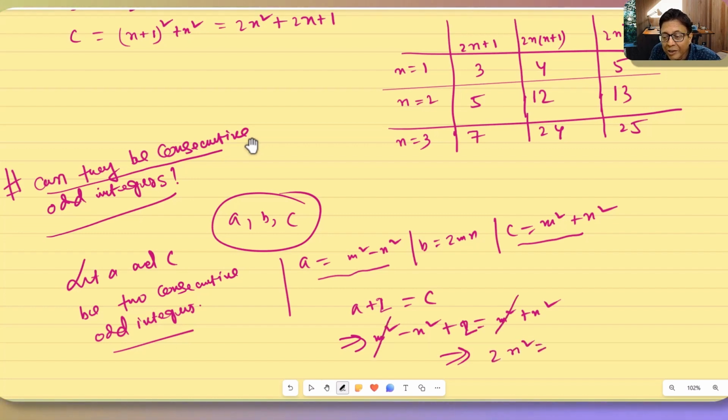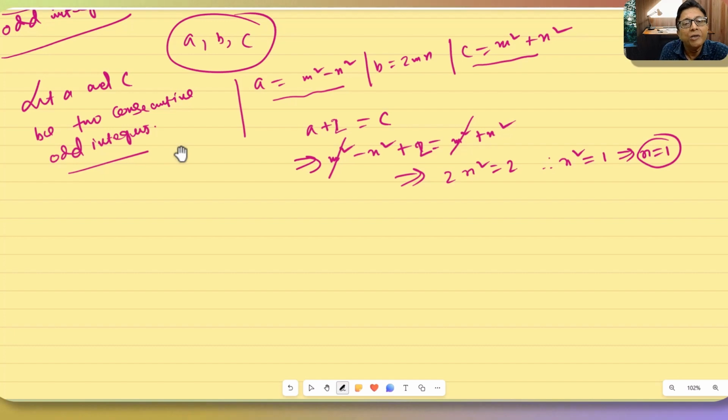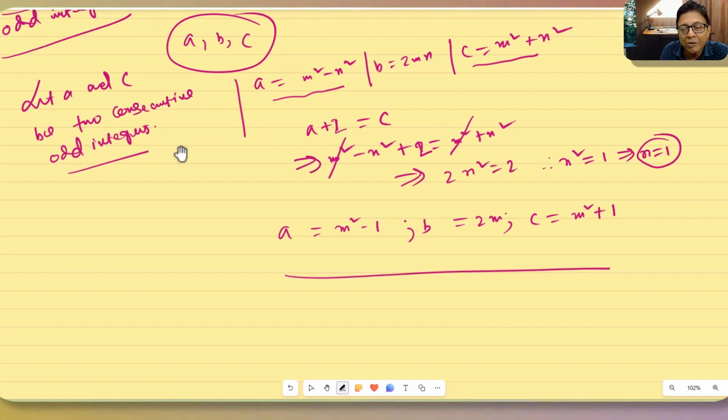So 2n square equals 2. Therefore, n square equals 1. No negative integer, n should be equal to 1. For n equal to 1, what do you get? a is equal to m square minus 1, b is equal to 2m, and c is equal to m square plus 1. Let's see what kind of numbers are generated over there. This is for a, this is for b, and this is for c.